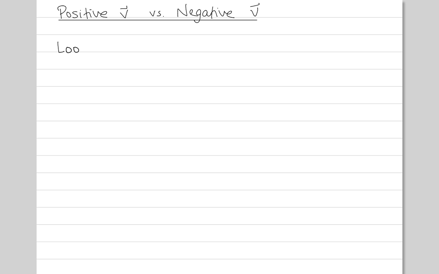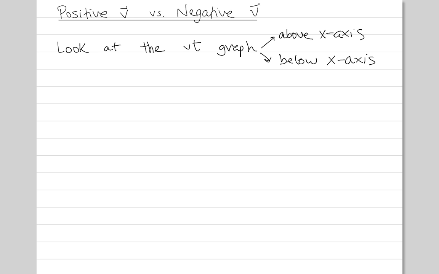So look at the VT graph, and you just need to check above the x-axis, below the x-axis. And you have your positive and you have your negative. Pretty straightforward, I think, just reading a graph. And these are the VT graphs.